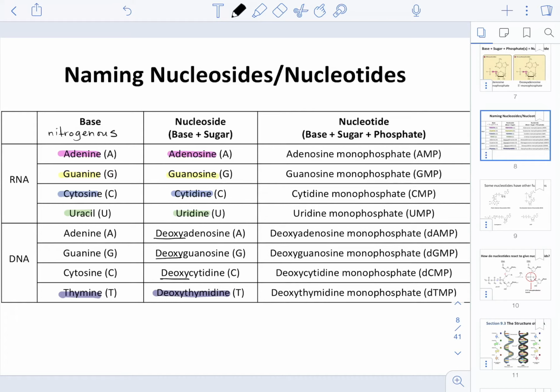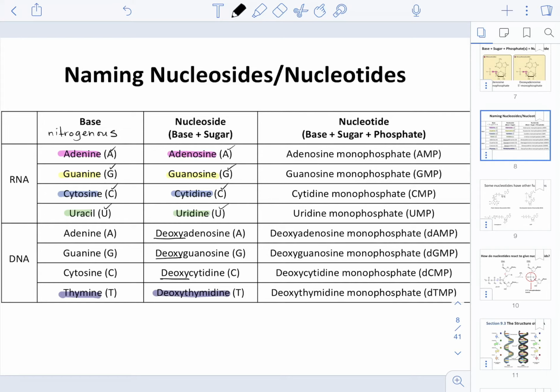Now, one of the things that I want you to notice is that we also have a 1-letter code for the nitrogenous bases and the nucleosides, and they are the same. So the letter A is for adenine or adenosine. The letter G is for guanine or guanosine. The letter C is for cytosine or cytidine.